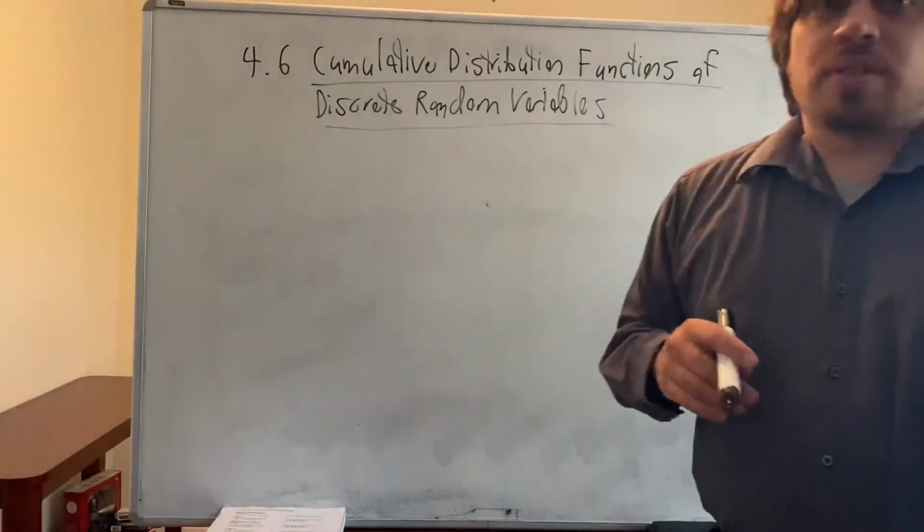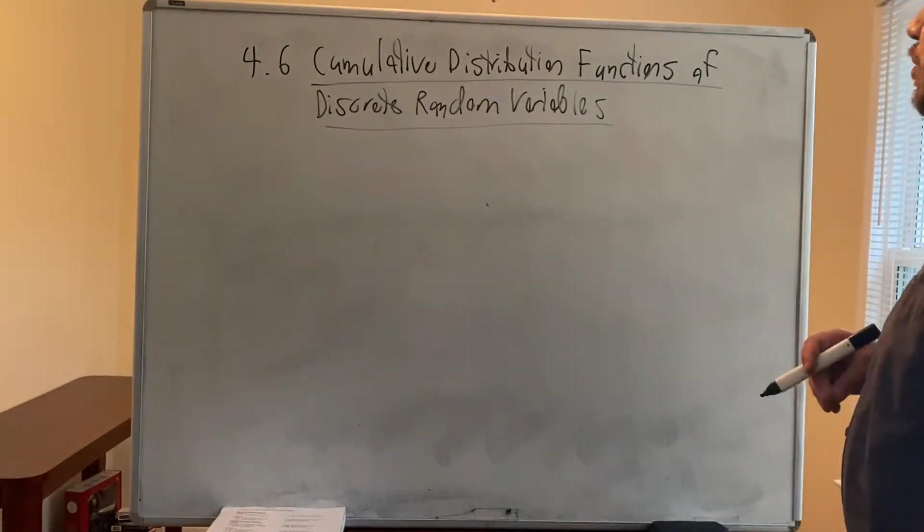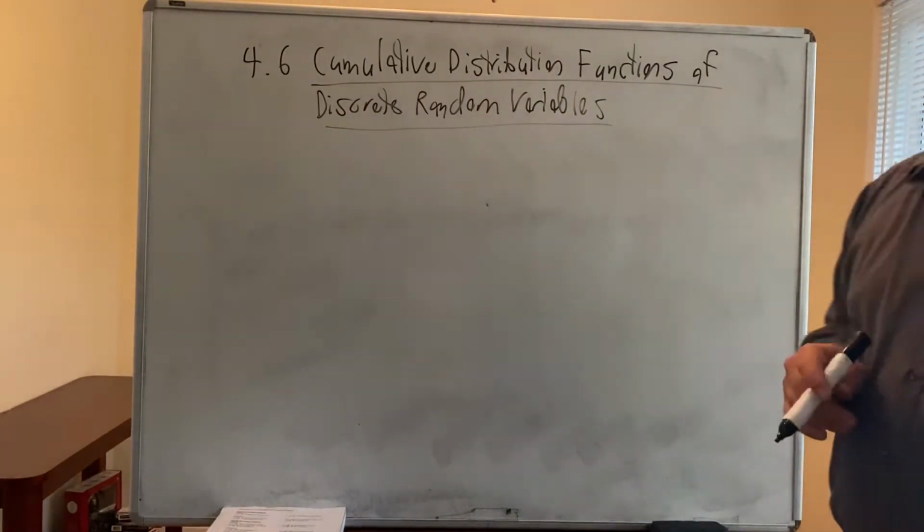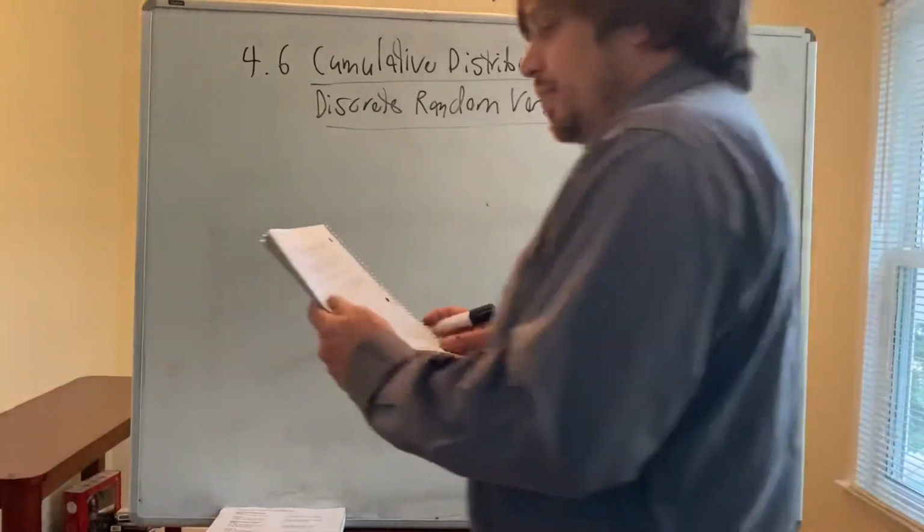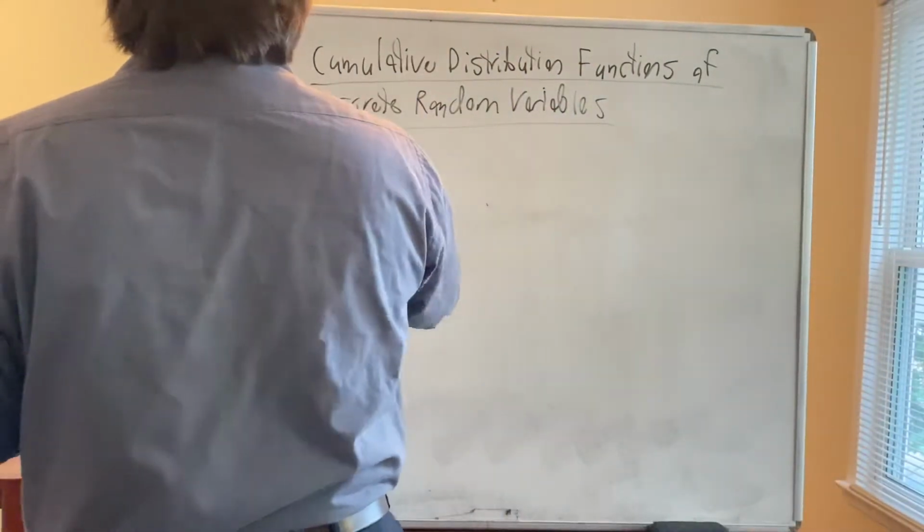Okay, so in 4.6 we're going to talk about the cumulative distribution functions of discrete random variables. So let's start this discussion with a definition.